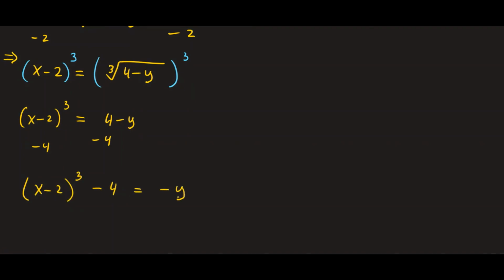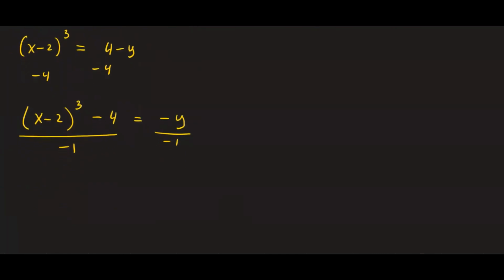And lastly, to solve for y, I'm just going to go ahead and divide by negative 1. Or you can think of it as multiplying both sides by negative 1. It doesn't matter. So we have negative (x minus 2) cubed plus 4 is equal to y.